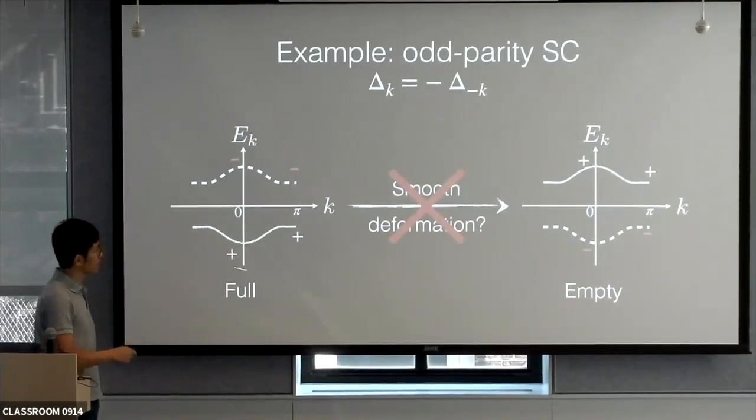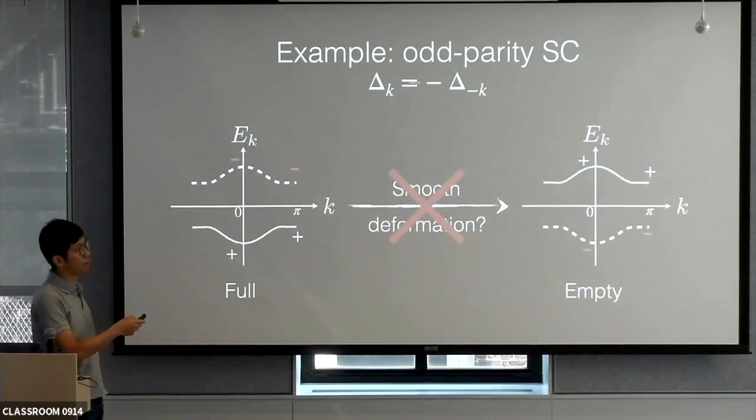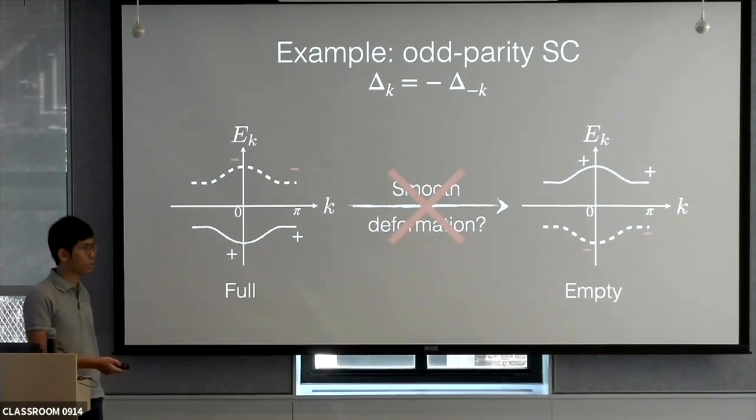On the left-hand side is still some trivial state, just a fully filled atomic insulator. On the right-hand side, just a vacuum. But because of the choice of the odd parity superconductivity, we see that the parities do not even match up. So if you try to tune some parameters in your Hamiltonian to go from the fully filled state to the empty state, you must have these minus and plus exchanging their positions, but then they don't have the same representation.